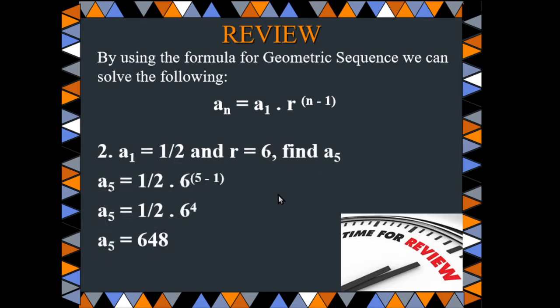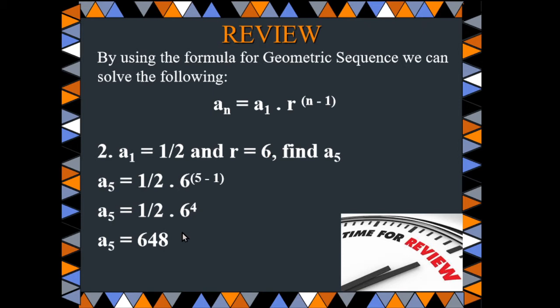Next, for the second example, a sub 1 is equal to 1 half and r is equal to 6, and we need to find the fifth term, a sub 5. Again, substitute all the given values into the formula. We have a sub 5 is equal to 1 half times 6 raised to 5 minus 1.